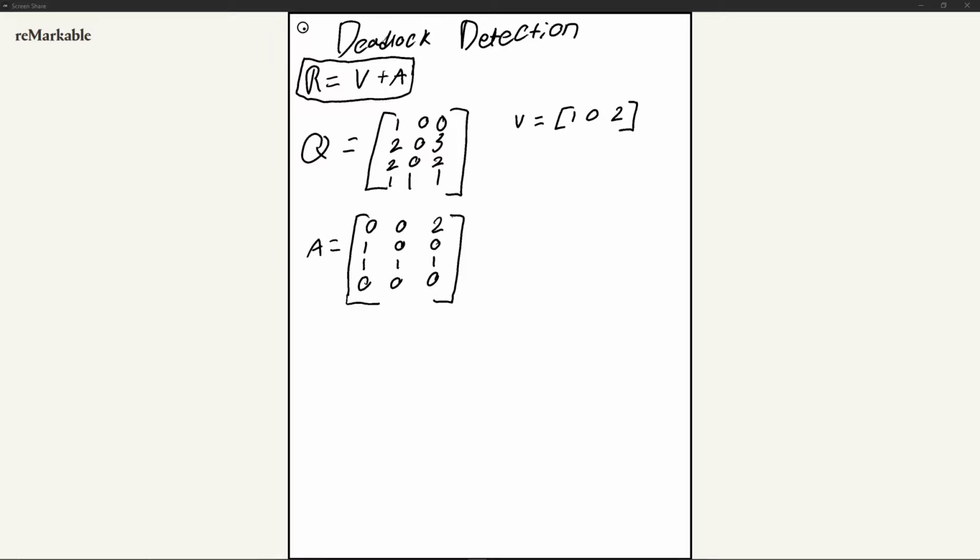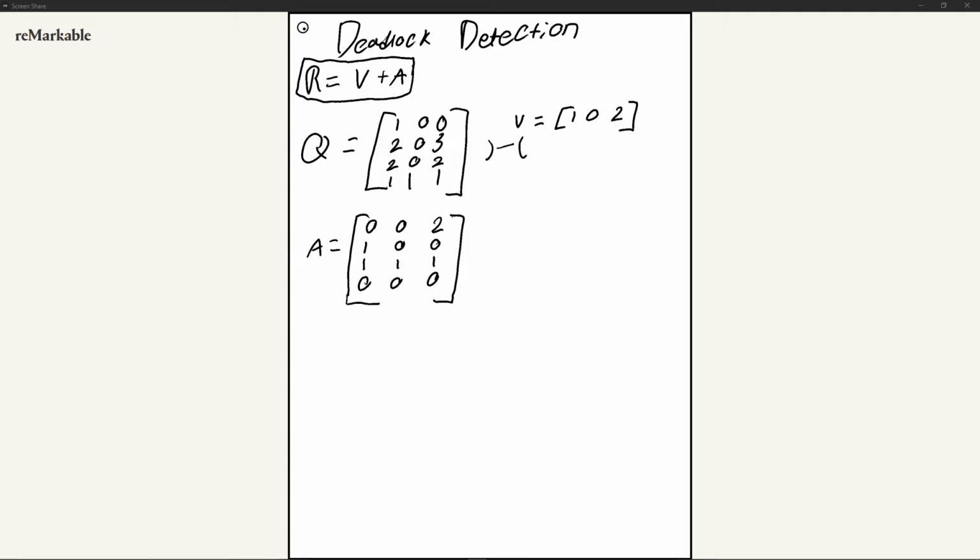But the process of solving these matrices is pretty simple. Q is going to be the example matrix, something that we're comparing to, and V is the vector we're comparing Q to. These are intertwined, and A will be useful in a second.